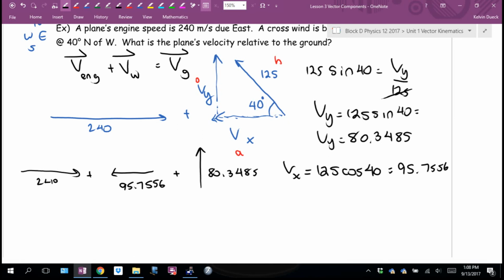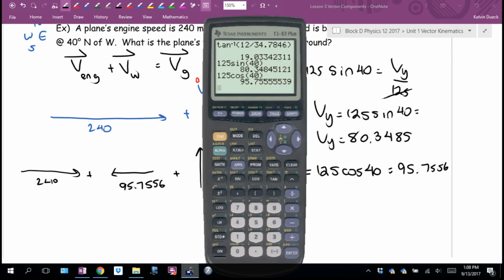Are there any of those, Lyndon, that I can combine easily? First two? Am I going to add them or am I going to go winner minus loser? Okay. Who's winning? Clearly. Oh, you know what? I happen to have this number stored on my calculator, so rather than using the 95.7556, I'll go minus, answer button.